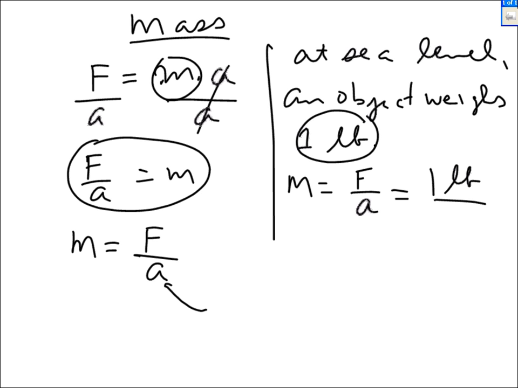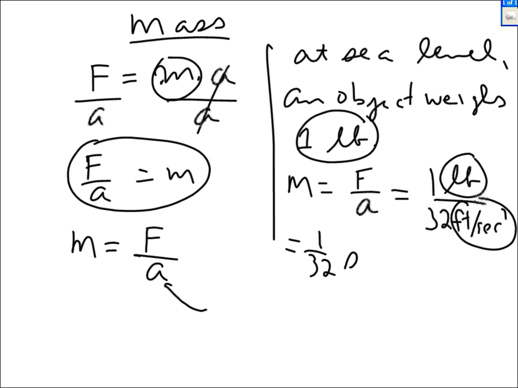In the English system, acceleration is 32 feet per second squared. Well, it turns out that pounds divided by feet per second squared is a slug. So it's 1 over 32 slugs.